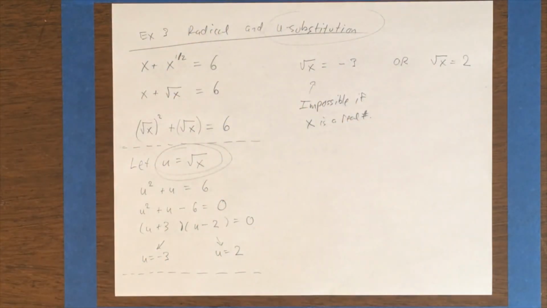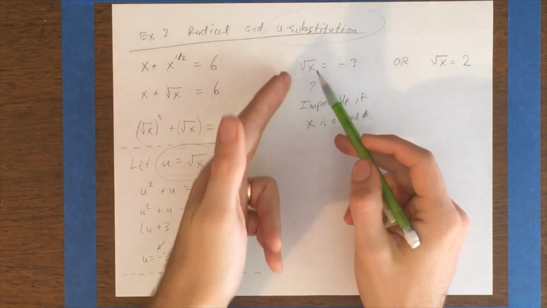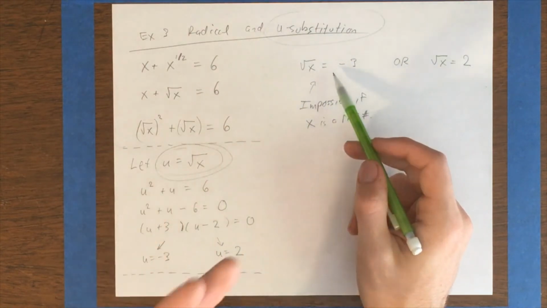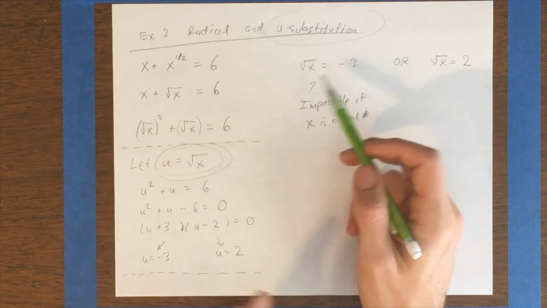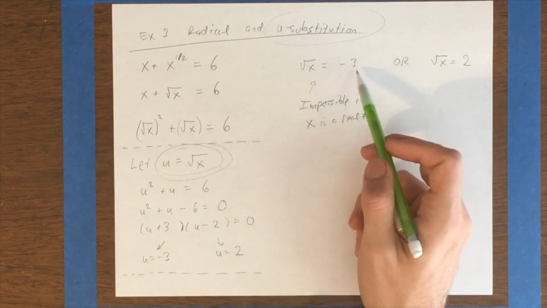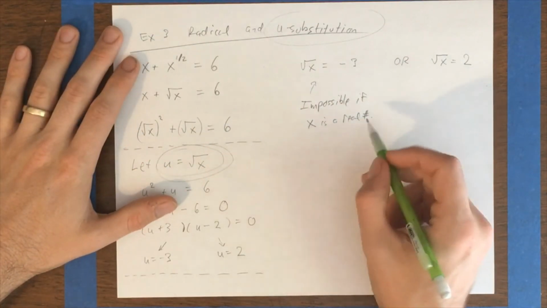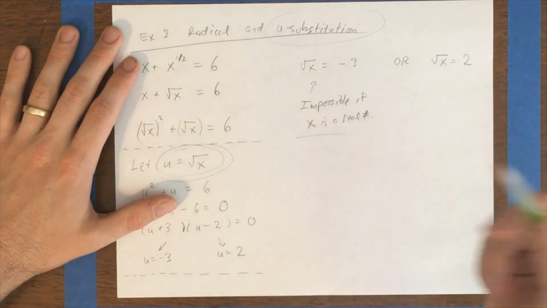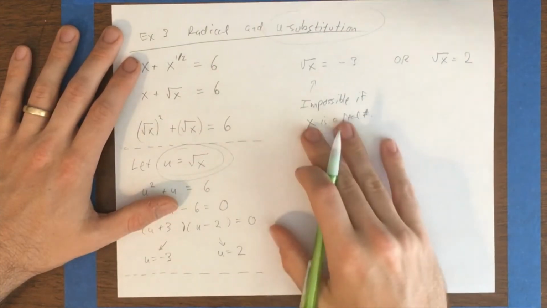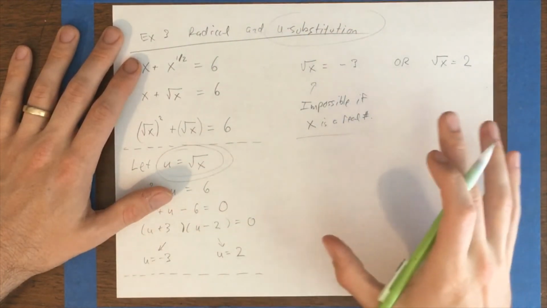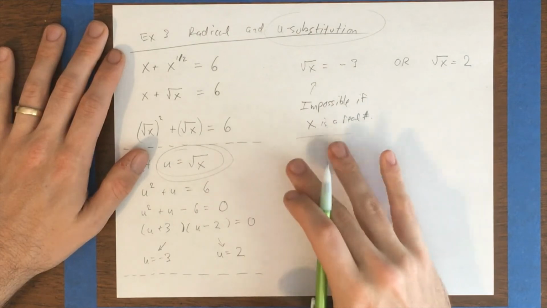Every number has two square roots, positive and negative, but this notation indicates the positive one. So we can't get a negative square root of x, and that possibility is straight out. We can throw it away. There are not going to be any solutions to this equation that arise from that possibility.